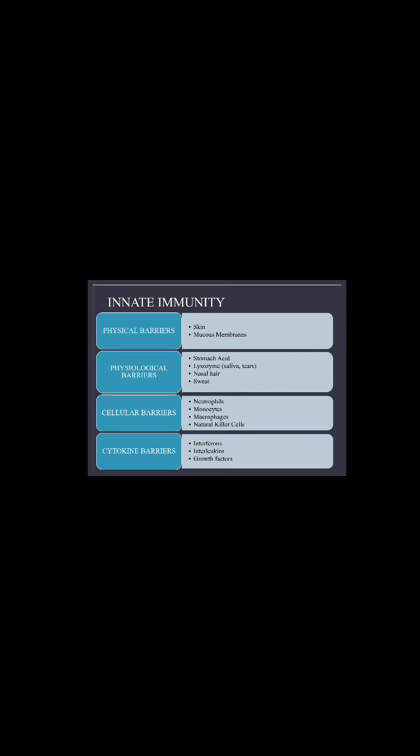Second is physiological barriers. Now, stomach acid, we know, na? The acid in the stomach kills the microorganisms. Then lysozyme. It is present in our saliva.